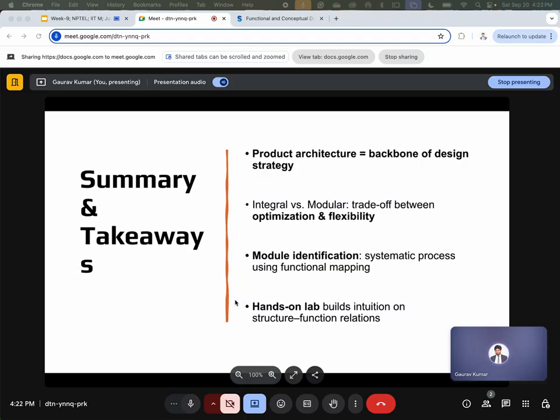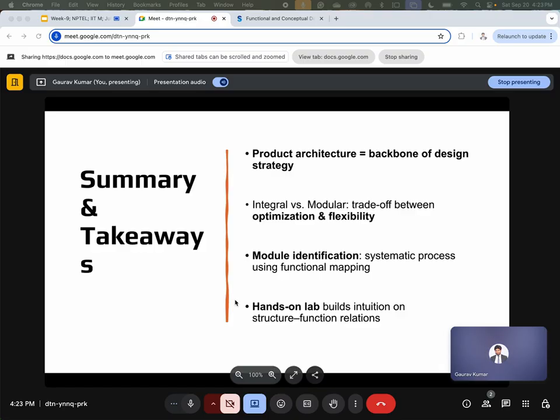Now the summary and takeaway. In summary, product architecture provides the backbone for efficient and effective product design. It is the framework through which functions are mapped into tangible form, ensuring user needs are met systematically.